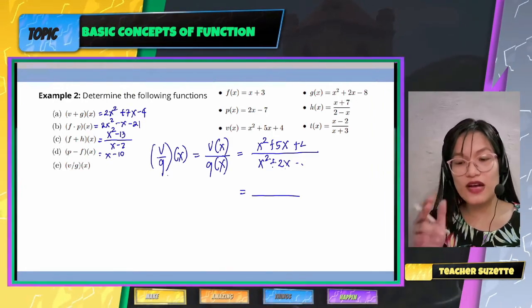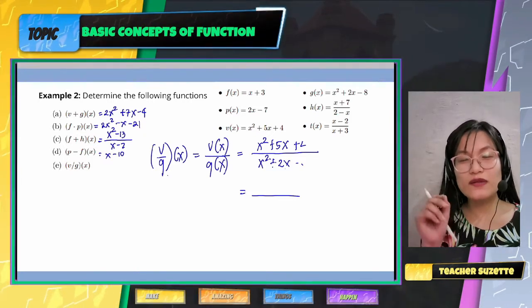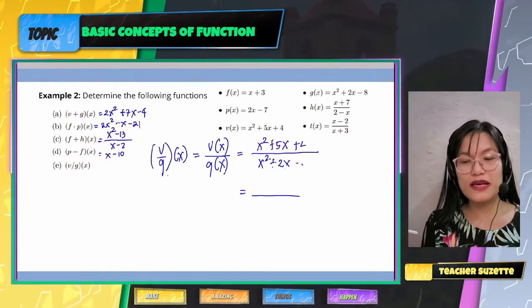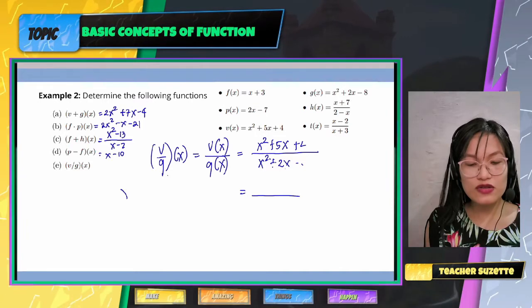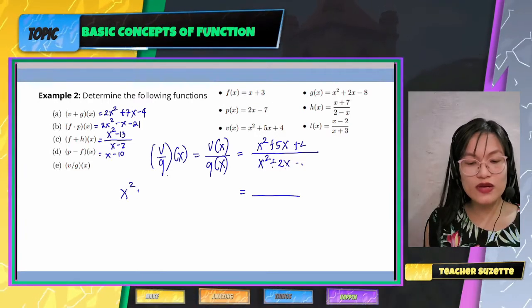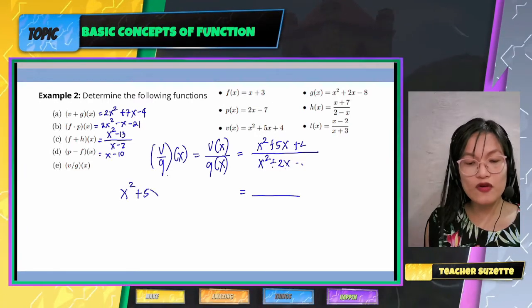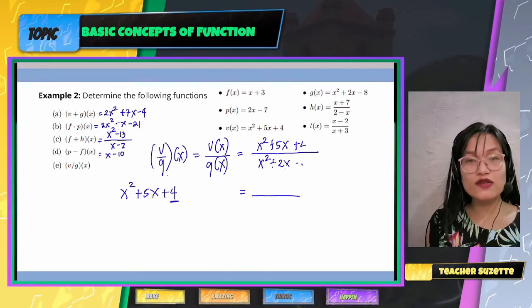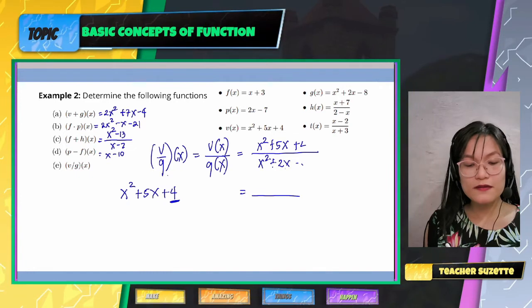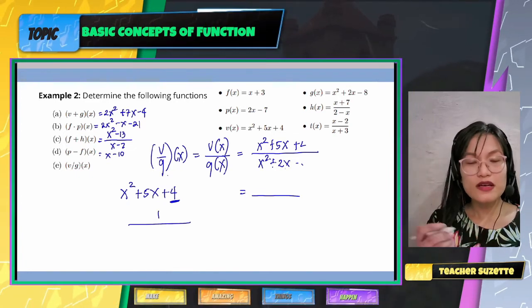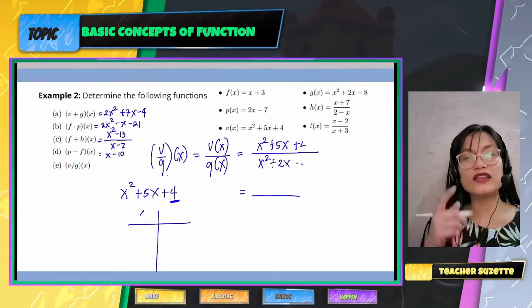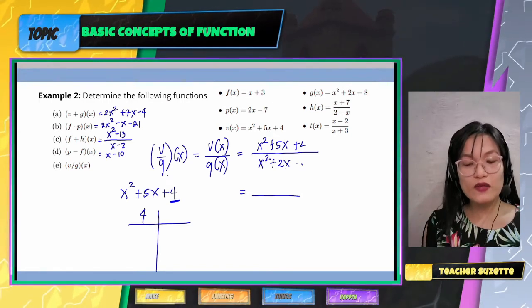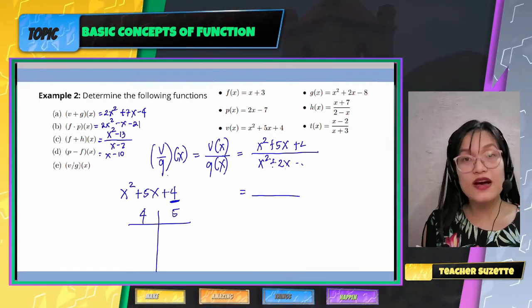So, let's factor x squared plus 5x plus 4. If you can still remember how to factor, we look at the factors of 4. What numbers multiply to positive 4, and when you add, the answer is 5?